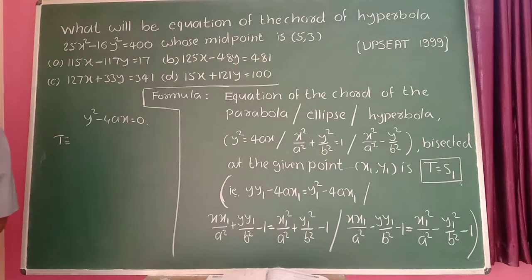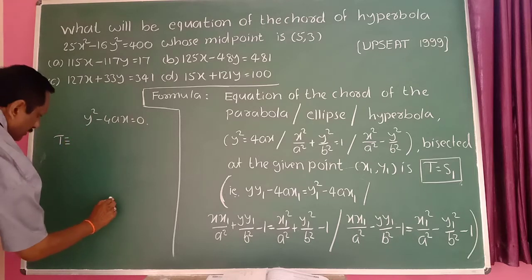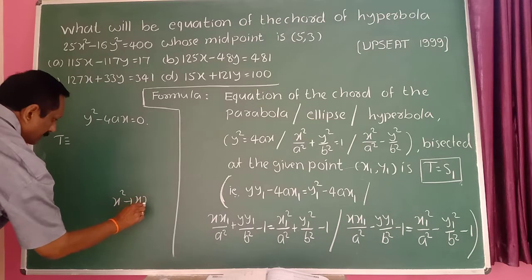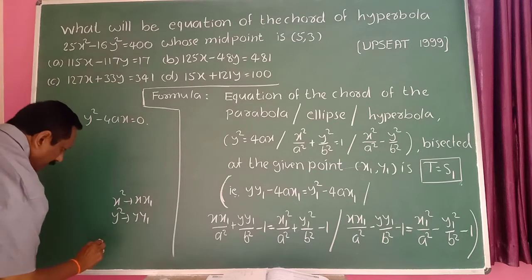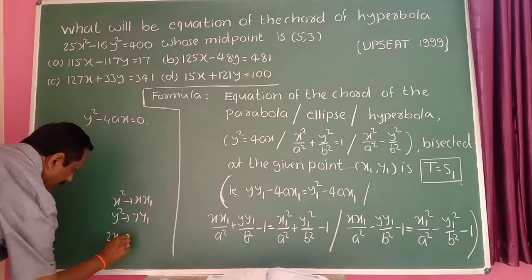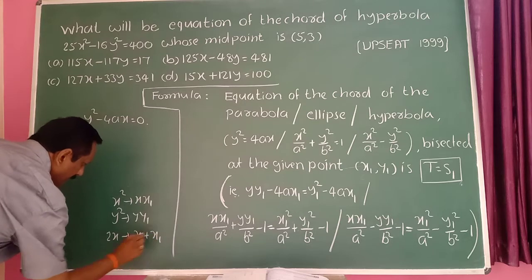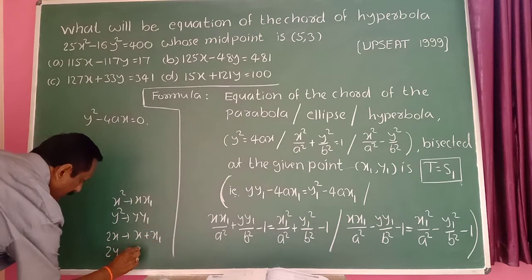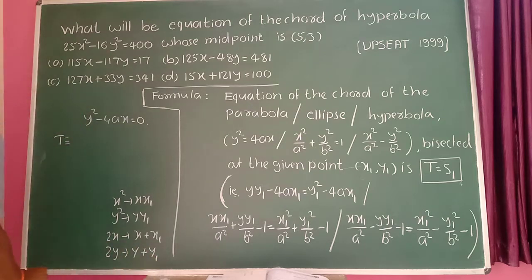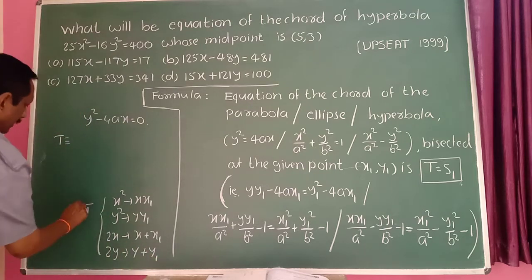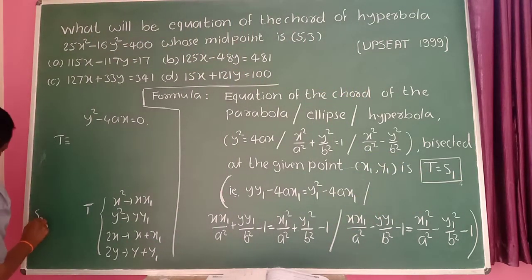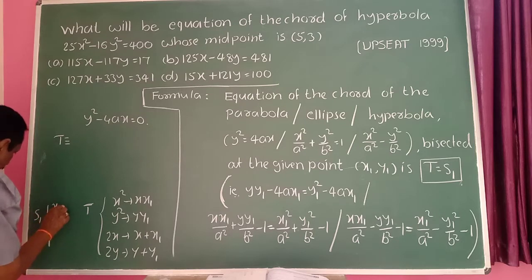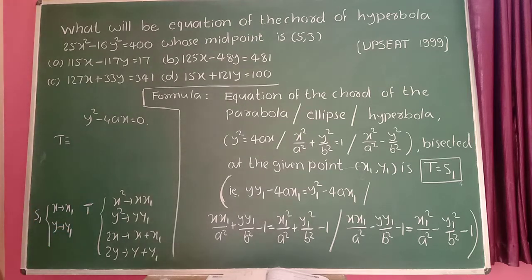T is given by replacing y² by yy1, and 2x by x + x1. You will get T. And S1 means replace x by x1 and y by y1. It gives S1.